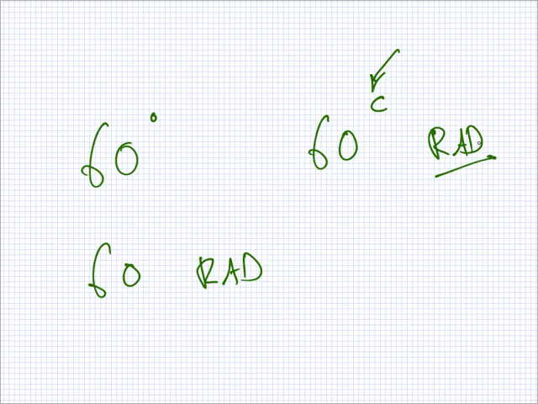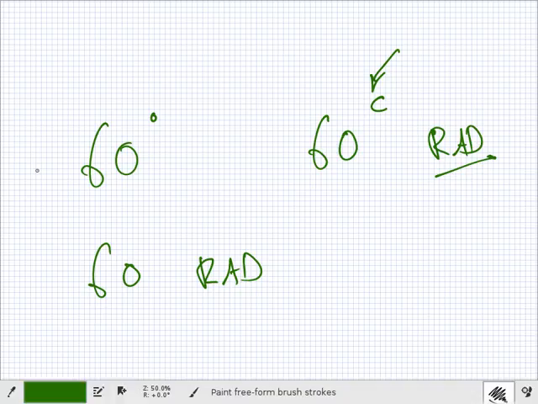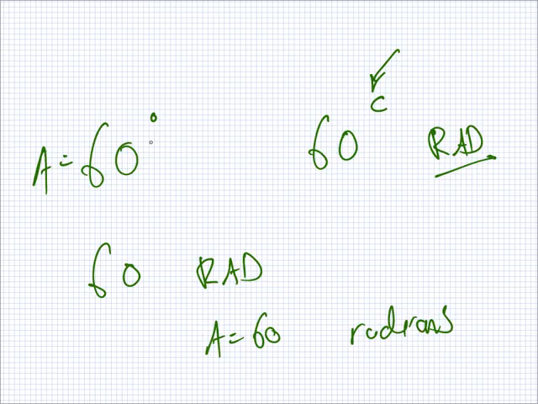The question then also said, for example, A equals 60 radians. So it was okay. But I've never seen that in my life before. And I checked it on Wikipedia and apparently it's a real thing. So yeah.